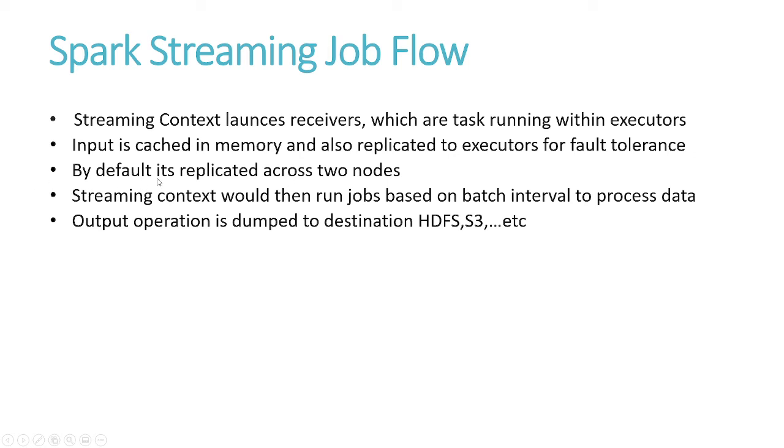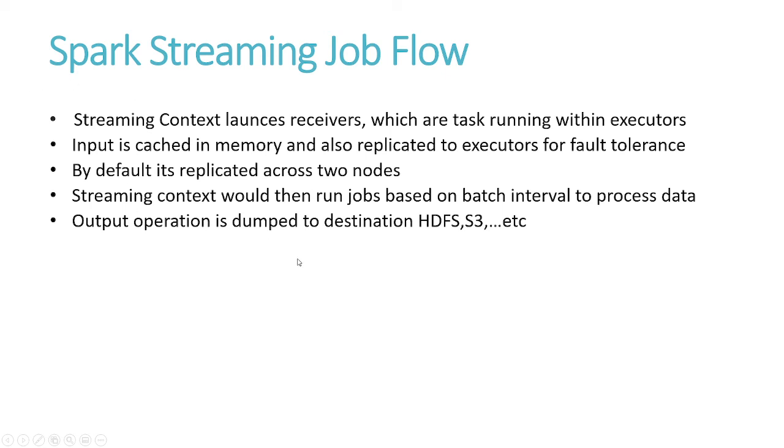By default it is replicated to two nodes, and the streaming context runs the job you have defined, for 10 seconds or 1 second or half an hour, whatever it may be. Finally the output is dumped into the destination. We will see how this all happens in a diagrammatic way.